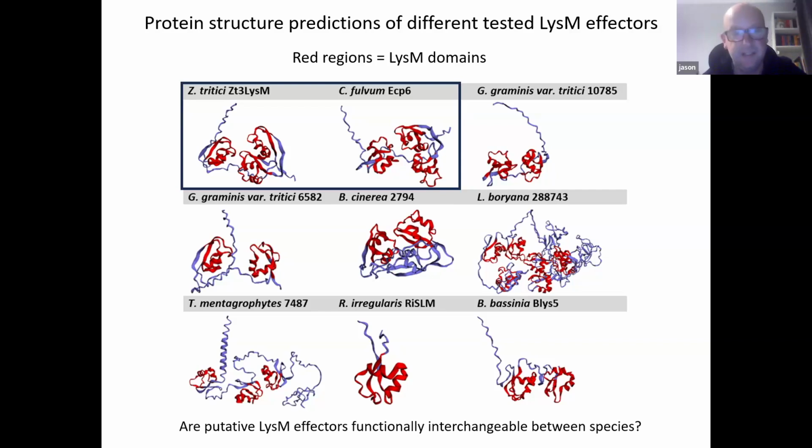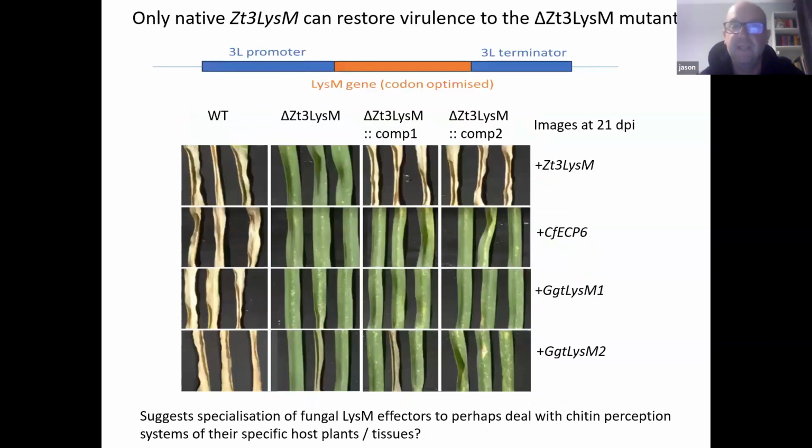And then we decided to test whether there's any evidence that putative lysem effectors could be functionally interchangeable between species. We did this by taking all of those candidate effectors, hooking them up behind the ZT3 lysem promoter with the ZT3 lysem terminator behind them, and transforming them back into the ZT3 lysem mutant, and then testing whether or not they regained any virulence on wheat.